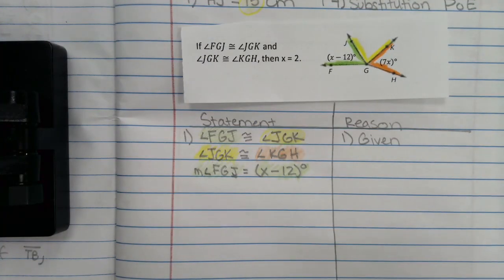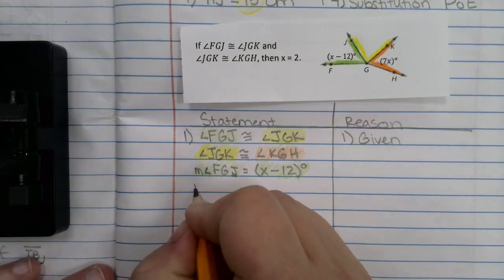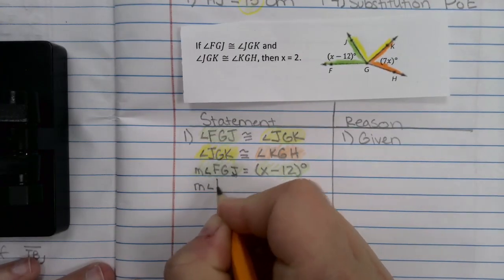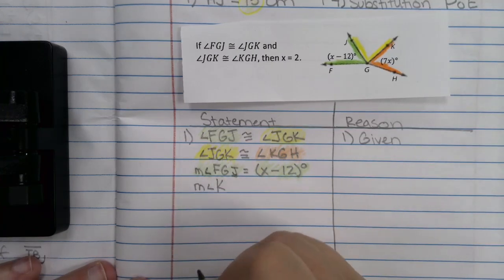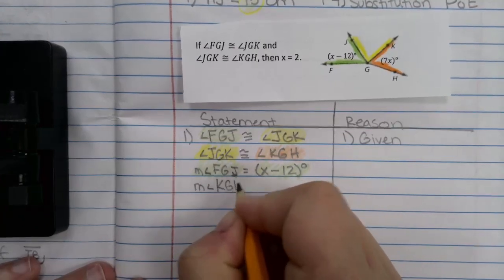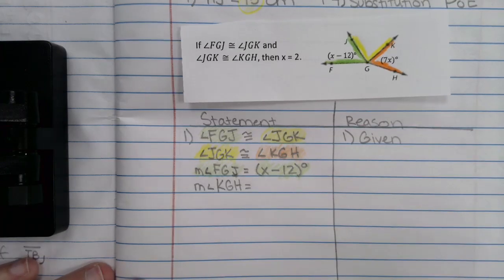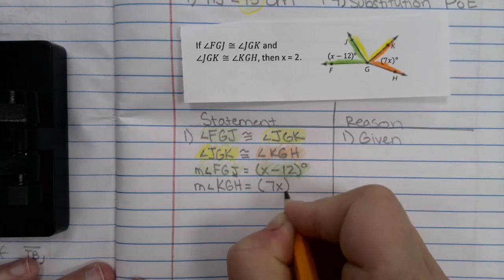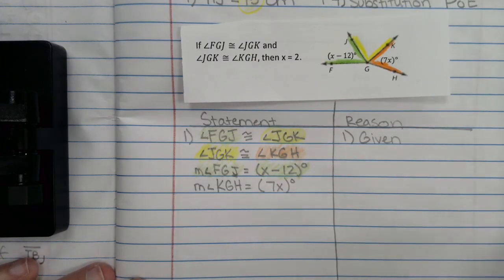And what other angle do we know? Somebody whispered it. KGH. My orange angle is how much? Seven x degrees.